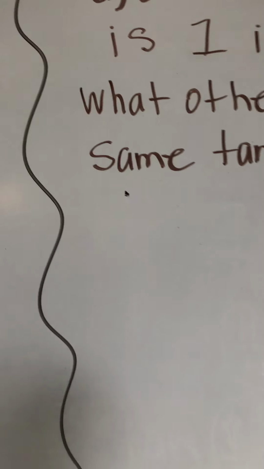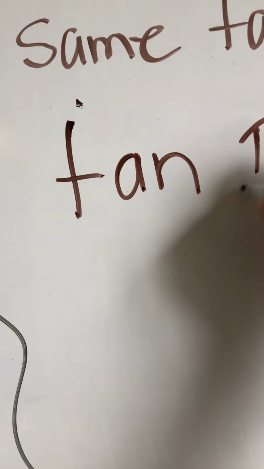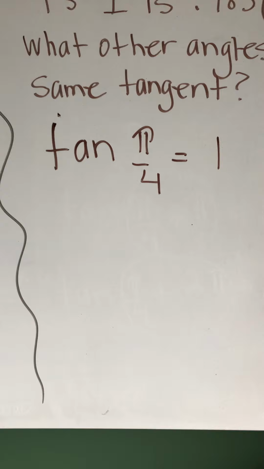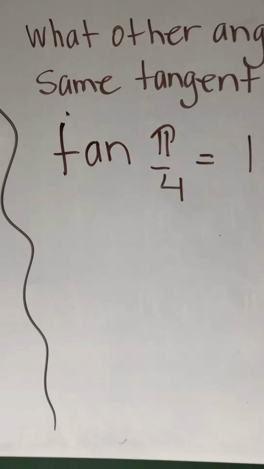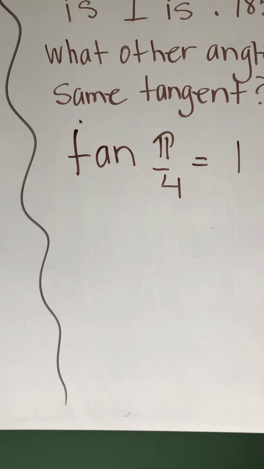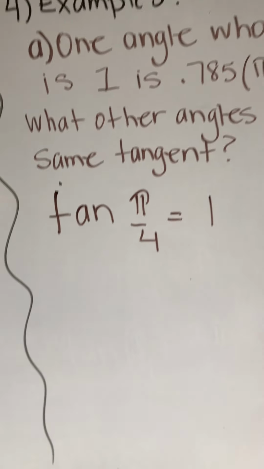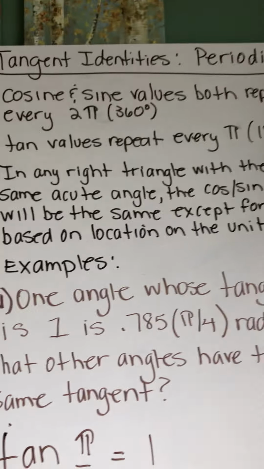We said that, first of all, we know that tangent of pi over 4 is equal to 1. And what we also know is that if I start at pi over 4 and rotate pi, at that angle measure, tangent will be the same because tangent repeats every 180 degrees, every pi.